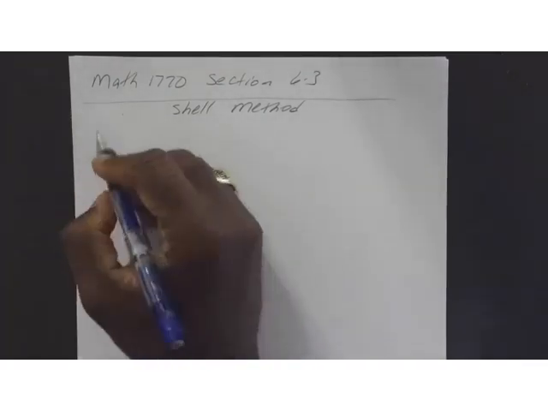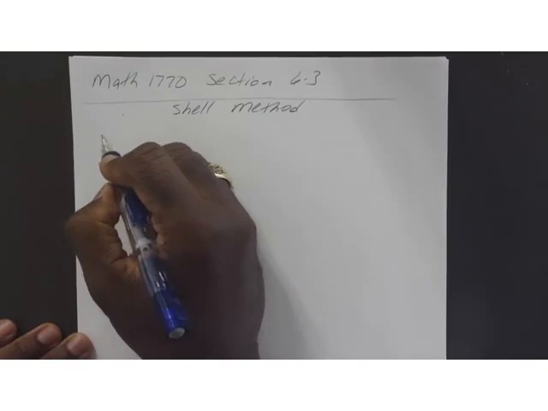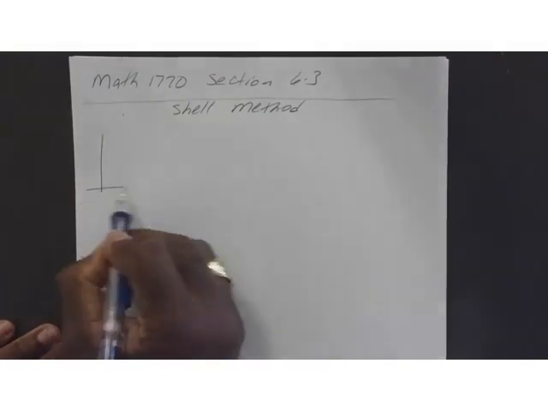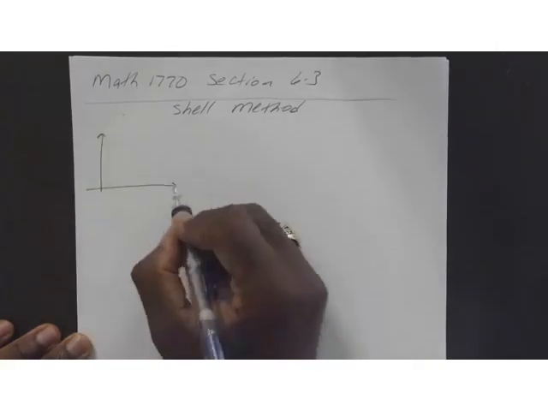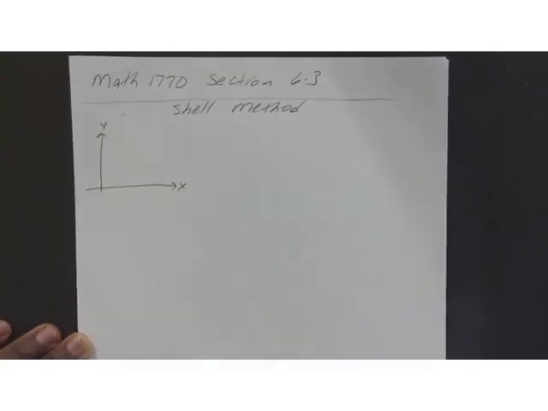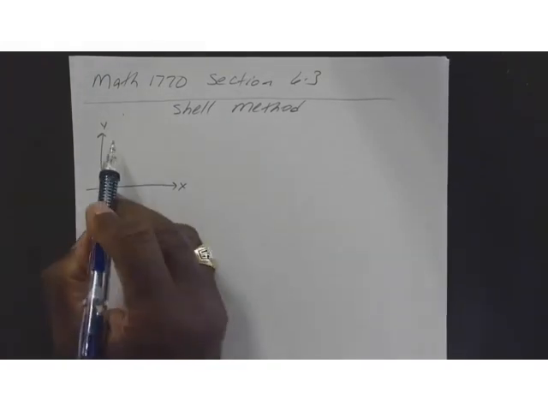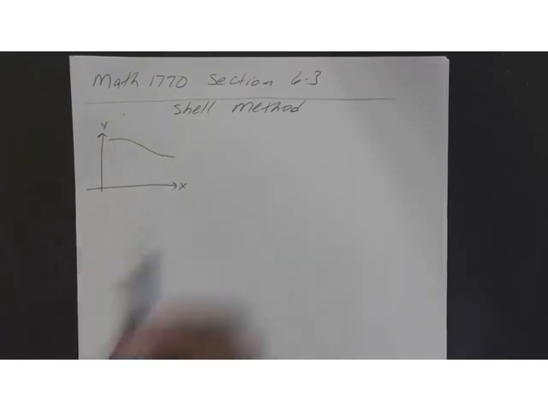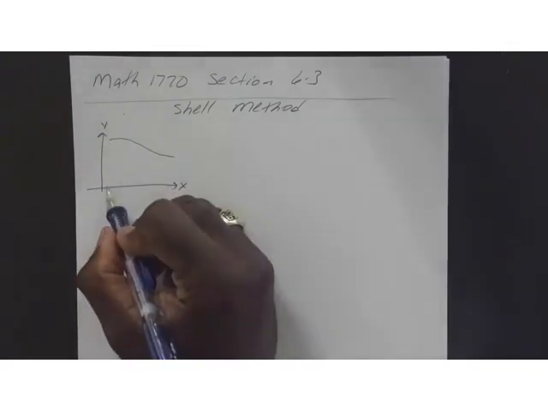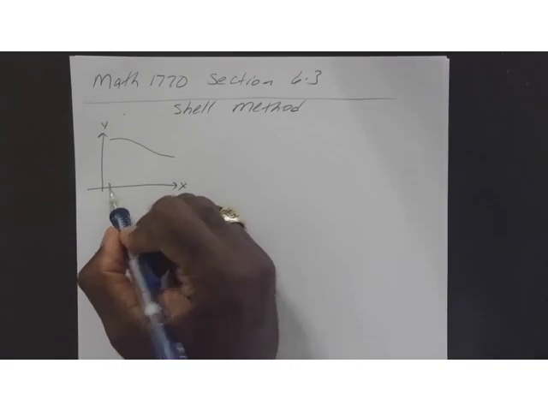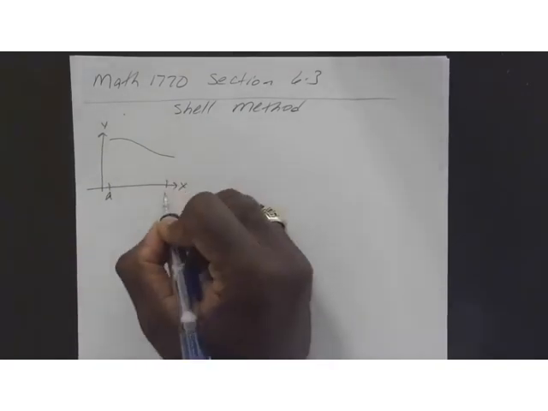Okay, and just like with most of our methods, we're going to visualize on our x and y axis. What if we have just any random function? We'll draw any random function there, and on that, we're just going to look at the interval from a to b.